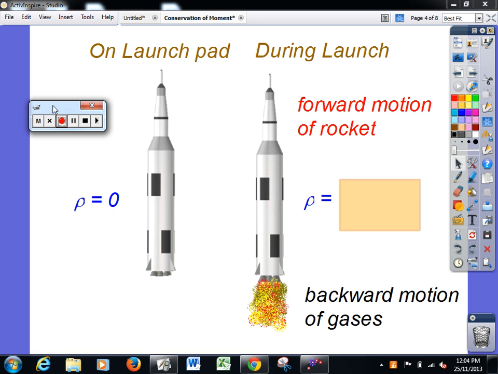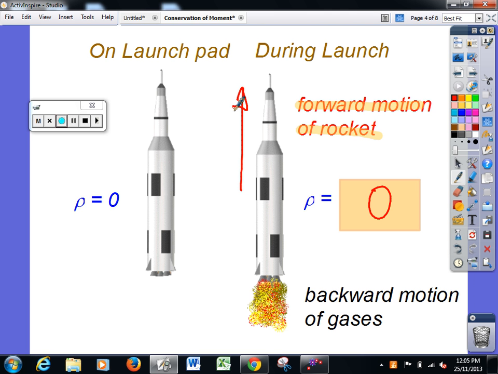We already know before the actual launch, when it's stationary, that the momentum must equal 0. So during launch, what is the total momentum of the system? 0. It must maintain itself. So there are two parts that must be cancelling each other out. The first part is the forward motion of the rocket. So the rocket is actually moving upward.